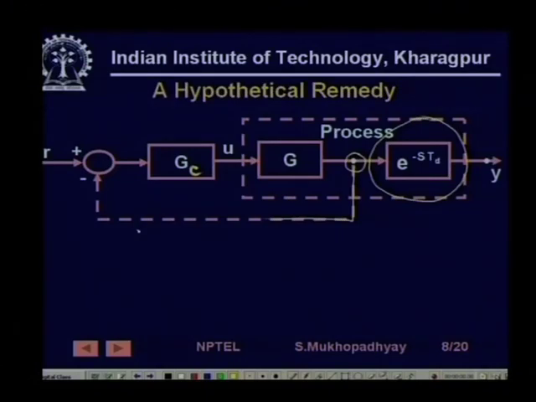The problem is the change in the feedback loop. I cannot take a feedback from there because this point is inside the process and it is not measurable. In fact, it is an intrinsic part of the process. Since this point is not measurable, this solution is hypothetical, because we can't take actual feedback.